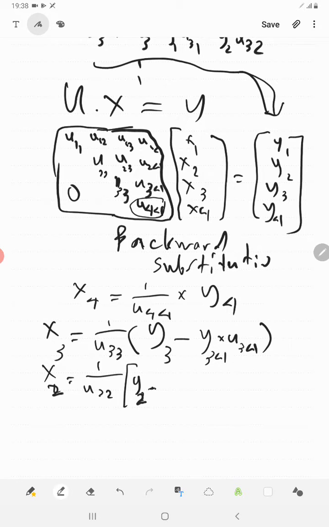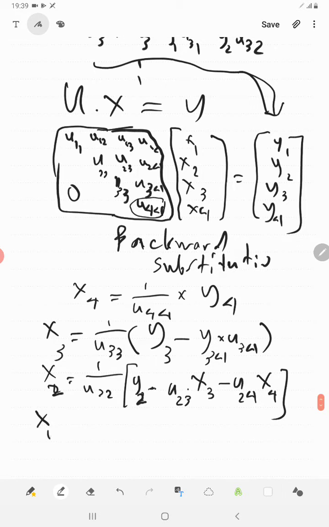So what we need is y2 minus u2,3 times x3, which we know, minus u2,4 times x4, which we now know.